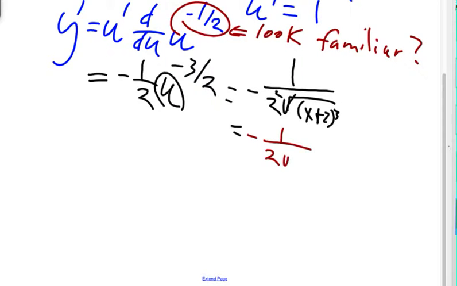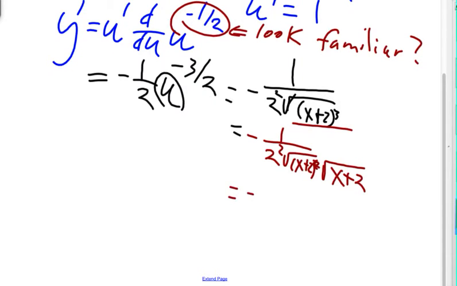And I'm going to have the square root of (x plus 2) squared times the square root of x plus 2. And that's the same as the square root of (x plus 2) to the cube. Square and square root cancel each other out here.